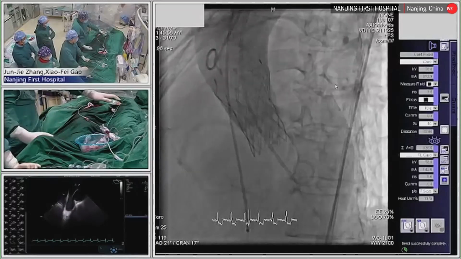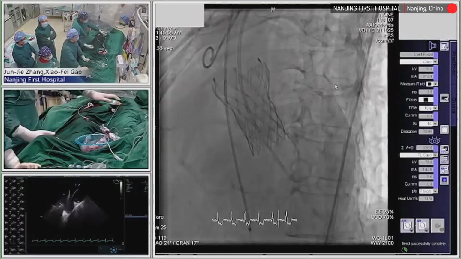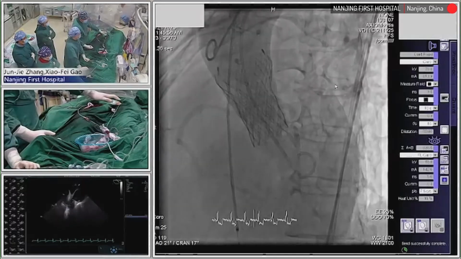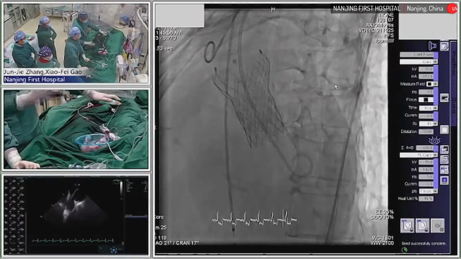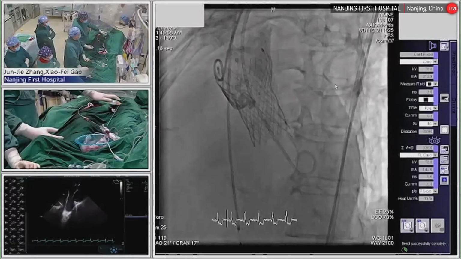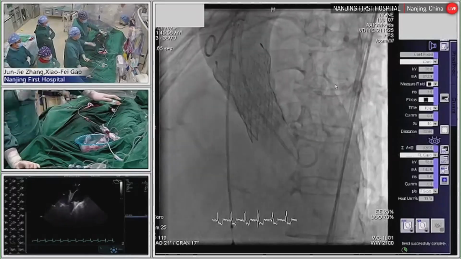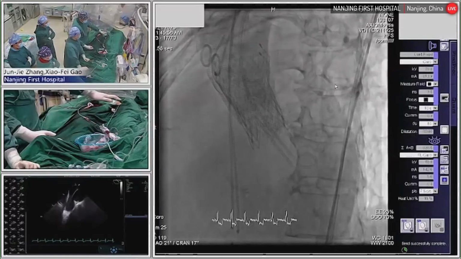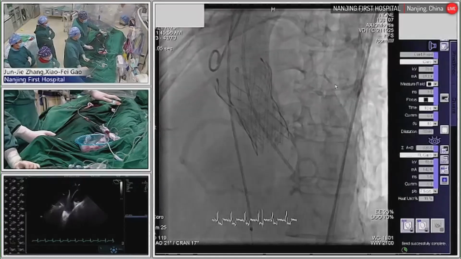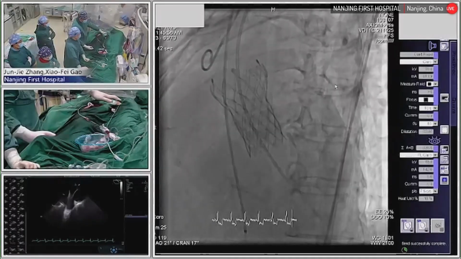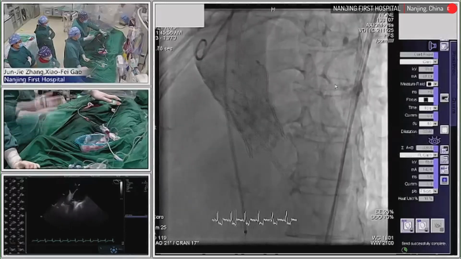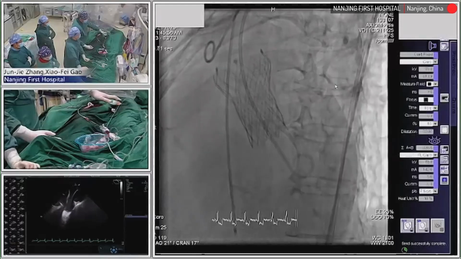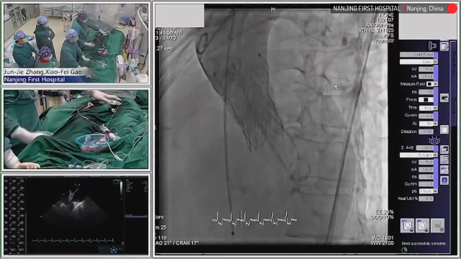So if this patient at 1 year follow-up still has RBBB, and also a QRS interval more than 150 milliseconds, and also RV dysfunction, then according to our cath lab protocol we will consider performing left bundle branch area pacing to recover the RV synchronization and the RV function.